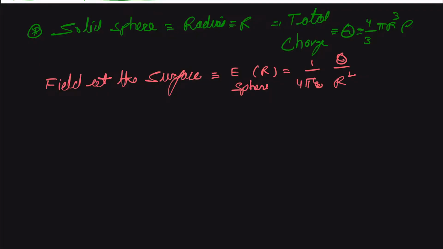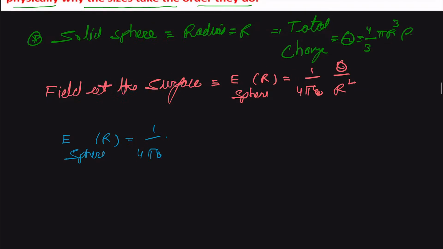So this gives us the electric field because of the sphere at the surface r, equal to 1 upon 4 pi epsilon naught, and q is our 4/3 pi r cube rho, times 1 upon r square.